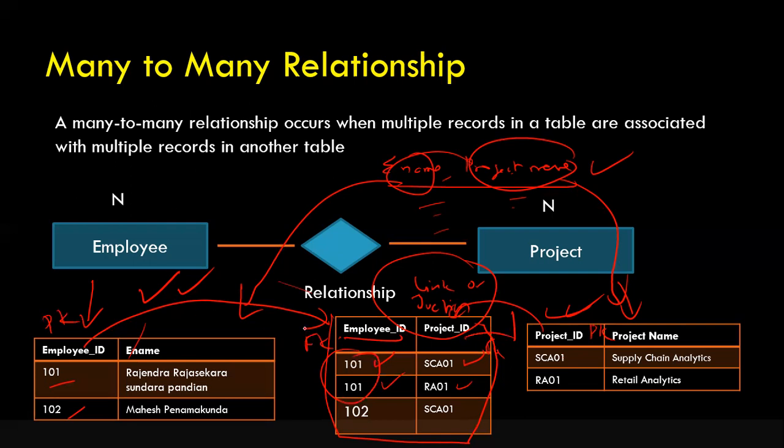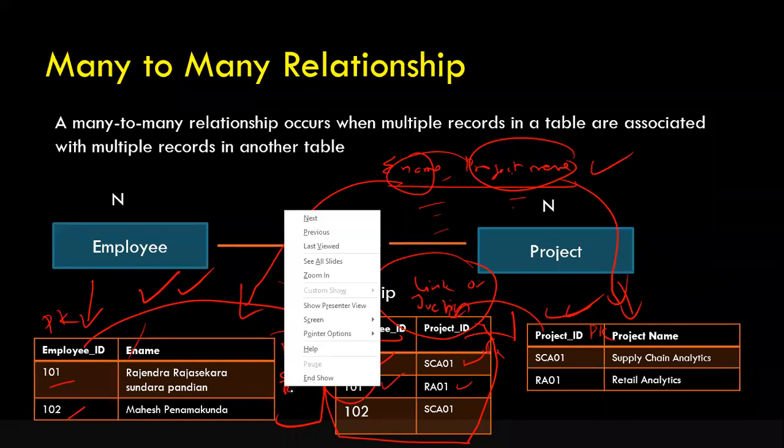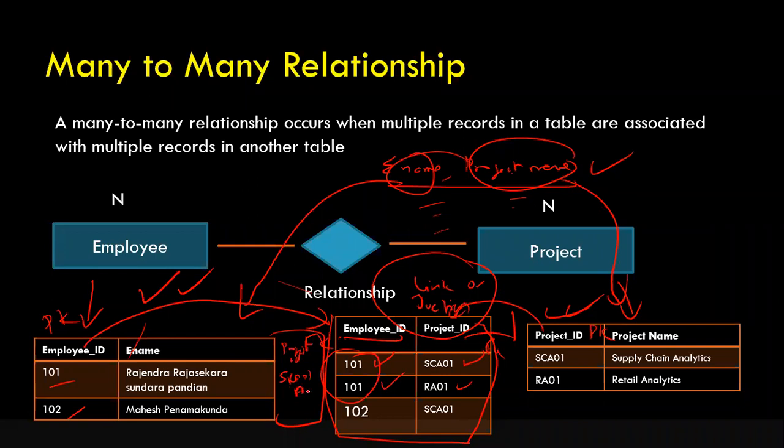Now you might be asking, why can't I have a project ID here? If I have the project ID here, what will happen? See, this guy, 101, is working on more than one project, SCA01 and RA01, two different projects.